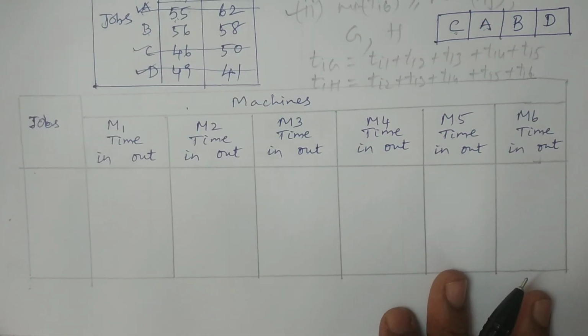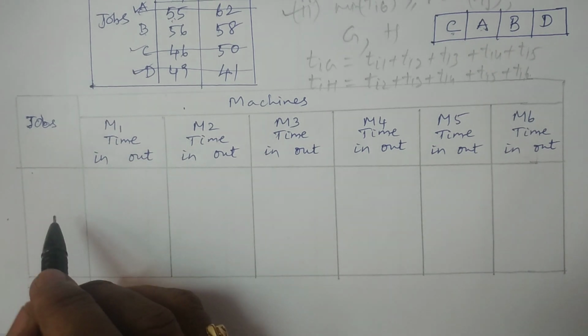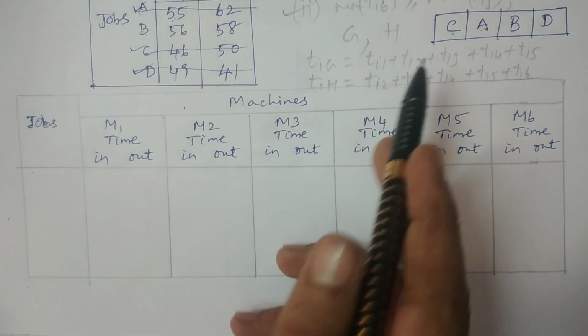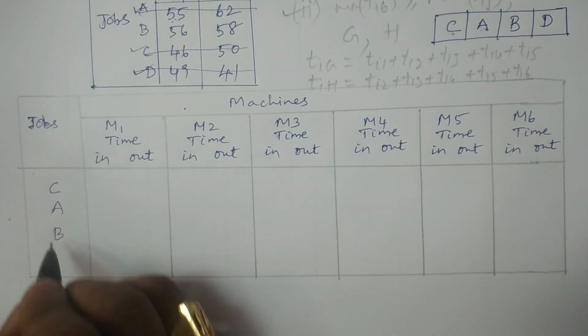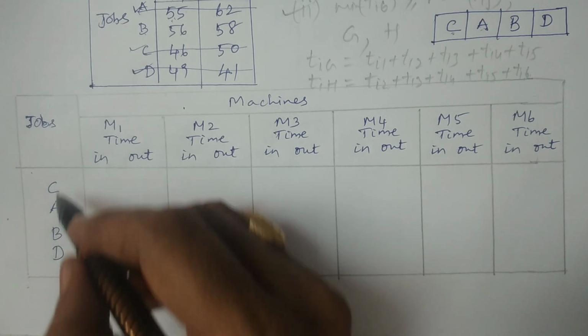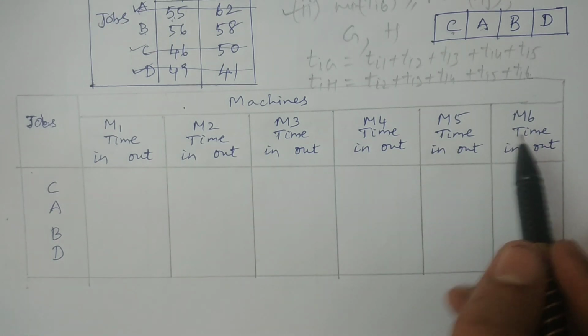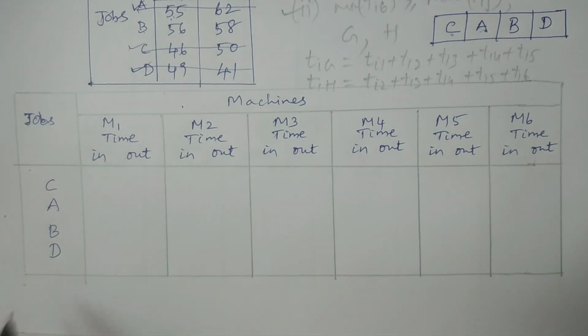In this particular table, I have prepared the table to calculate the time in and time out for each and every machine. The optimum sequence of the jobs is prepared here just now, that is C, A, B, D. This is the order of the jobs which are to be done through all the machines, machine 1 to machine 6.